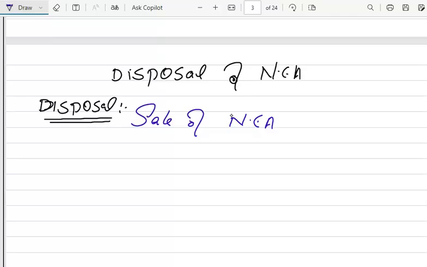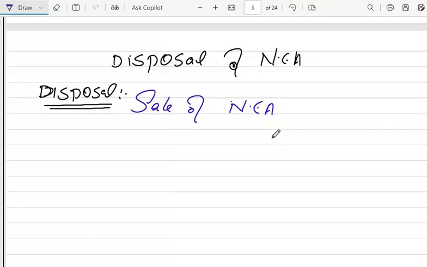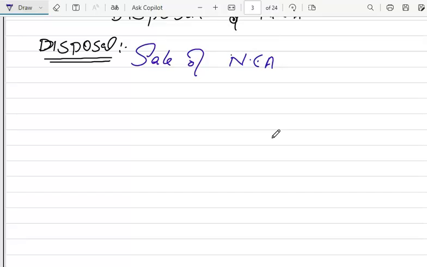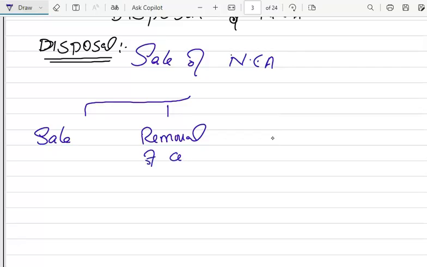In case of the disposal, I will need 4 basic entries for recording the disposal of the non-current assets. Number 1, when I sell, I have to record them. Second, it will be removal of cost.